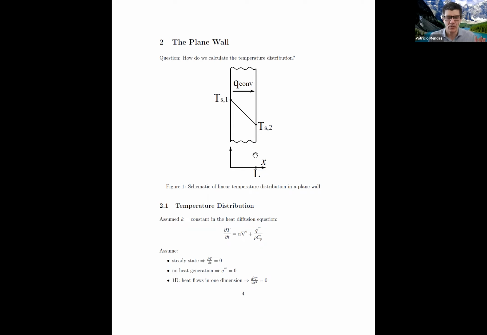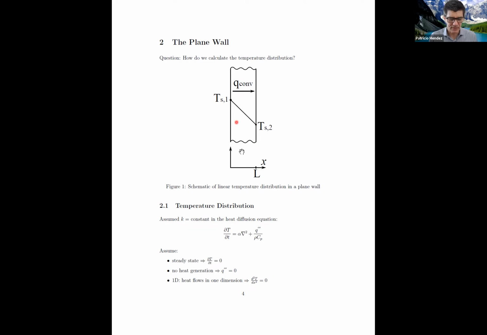What we saw when we did that analysis is that the equation that corresponded is this one. So homework for you, and it will be tested on quiz 2: see that this is the equation that applies to a plane wall.